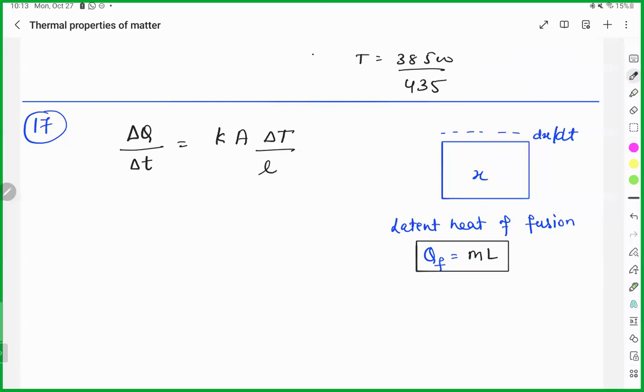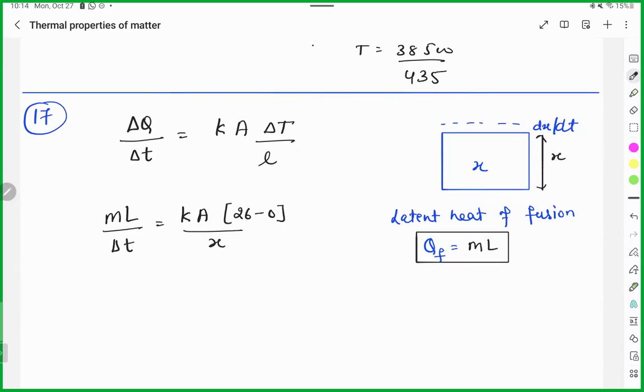Any doubt? So delta Q will be M into L. Delta T will be same, K will be same, area will be same. Then temperature difference is 26 to 0, divided by length X, because the original length of the ice layer was X.